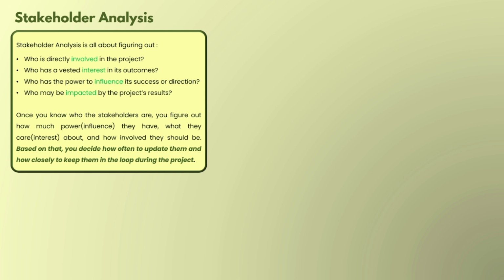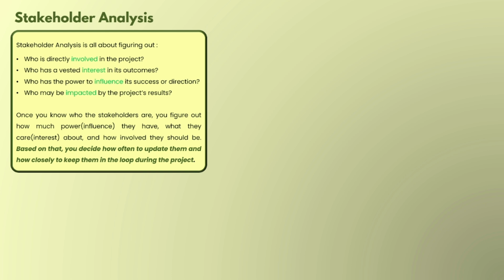Then next is who has a vested interest in its outcome. In other words, who really cares about whether the project succeeds or fails. In this category, we can consider stakeholders like company executives, department heads, and clients who need the project to meet certain goals. So we need to identify such stakeholders here.